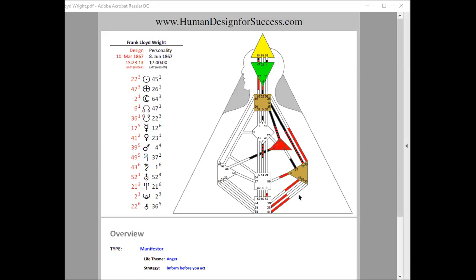He also, I think, could be more in the low expression of provocation energy, very provoking in his relationships. He did not have a healthy relationship with the main architectural association, and he had, as I mentioned, some tempestuous personal relationships. And he had the gate of opinions here, the gate 17, so he could be opinionated and I think pretty forceful.